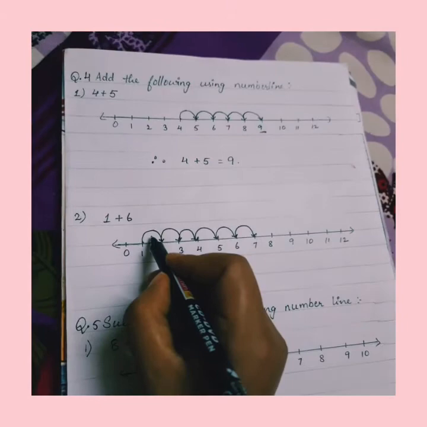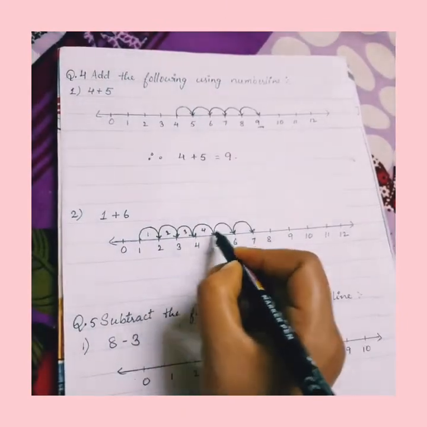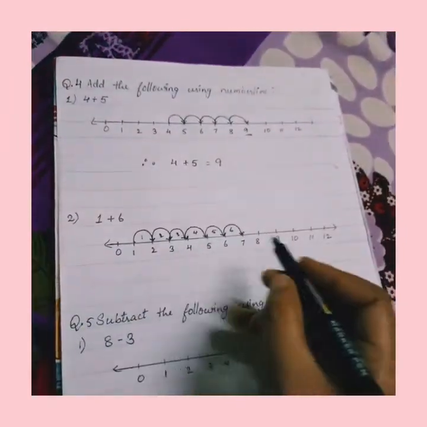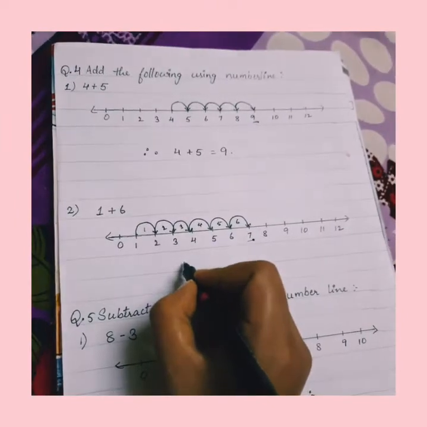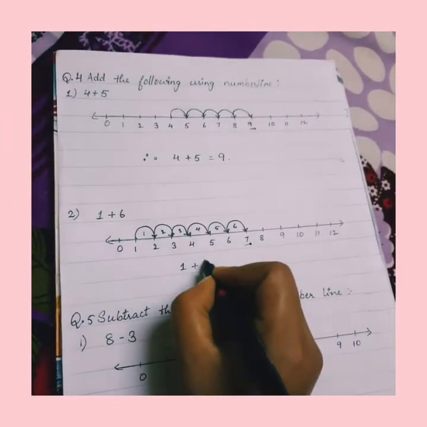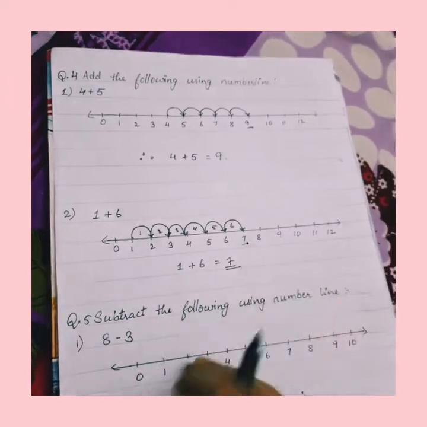So how many steps have I walked? 1, 2, 3, 4, 5 and 6. And where did I reach? I reached up to 7. That means 1 plus 6 gives me 7.